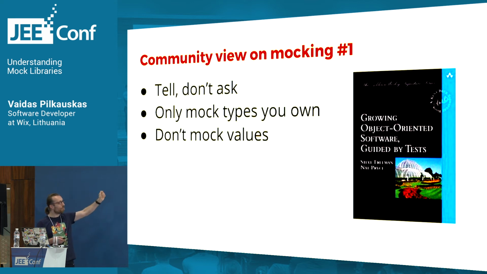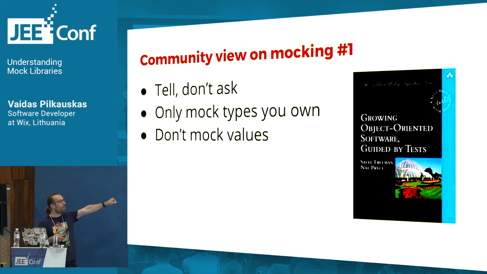Also, another thing that you need to know is that you mock only types that you own. And types that you own are those that you can make sure work as you expect them to. So for example, you shouldn't mock third-party APIs, but you should be able to easily mock interfaces or classes that you've written yourself. The point is that you should mock only things that you trust.